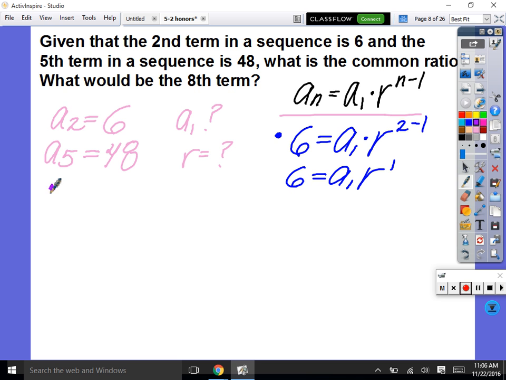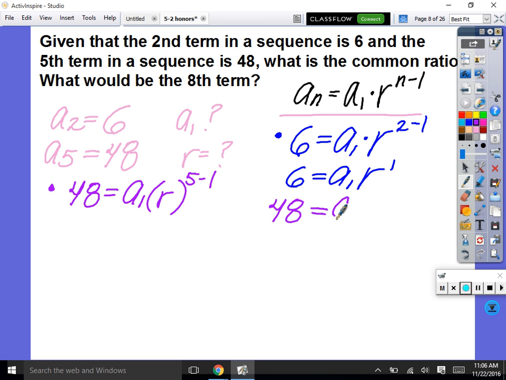So another true statement would be, we know a sub 5 is 48, so we know that 48 will be equal to the first term times the common ratio raised to the 5 minus 1. So we know that 48 will be equal to a sub 1 times r to the fourth.